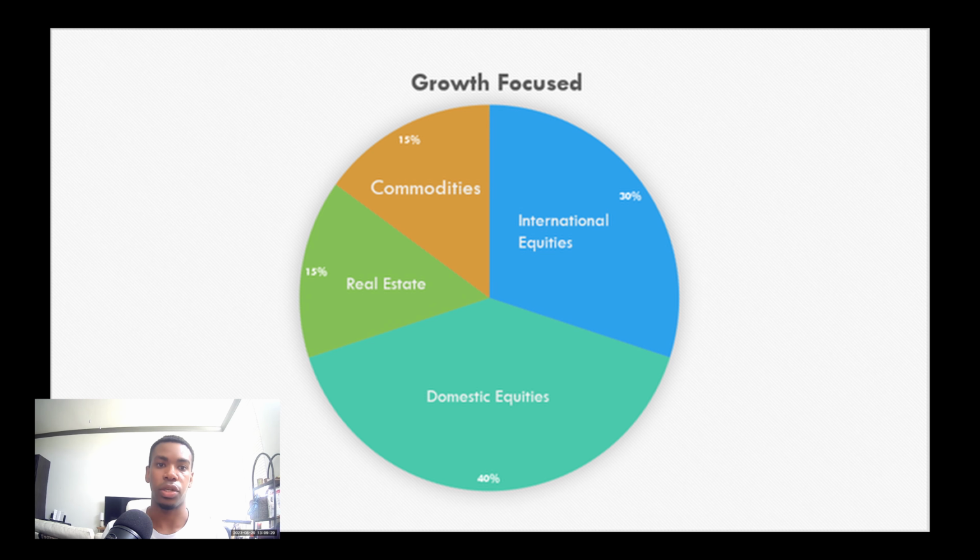So it's important to keep in mind that investing in a country's index, such as the S&P 500 or the NASDAQ, through the use of an ETF, can still be classified as part of this asset.